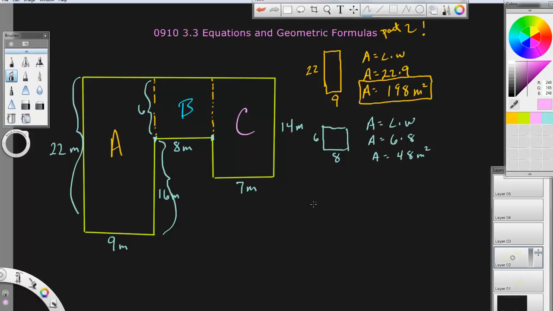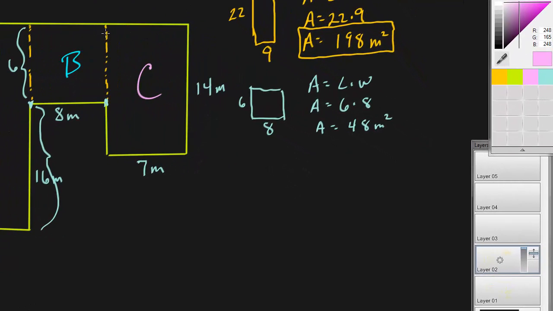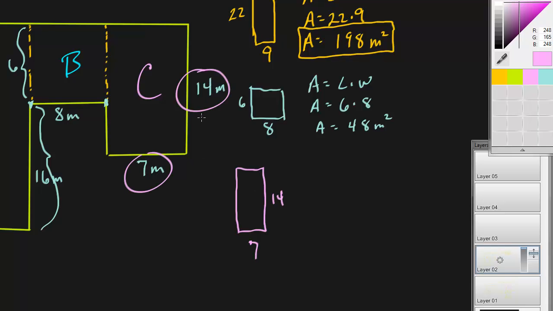Finally, for C, which will be our pink one, that's going to be this right here. We have a rectangle that is 7 by 14. You can clearly see that labeled 7 by 14 there.